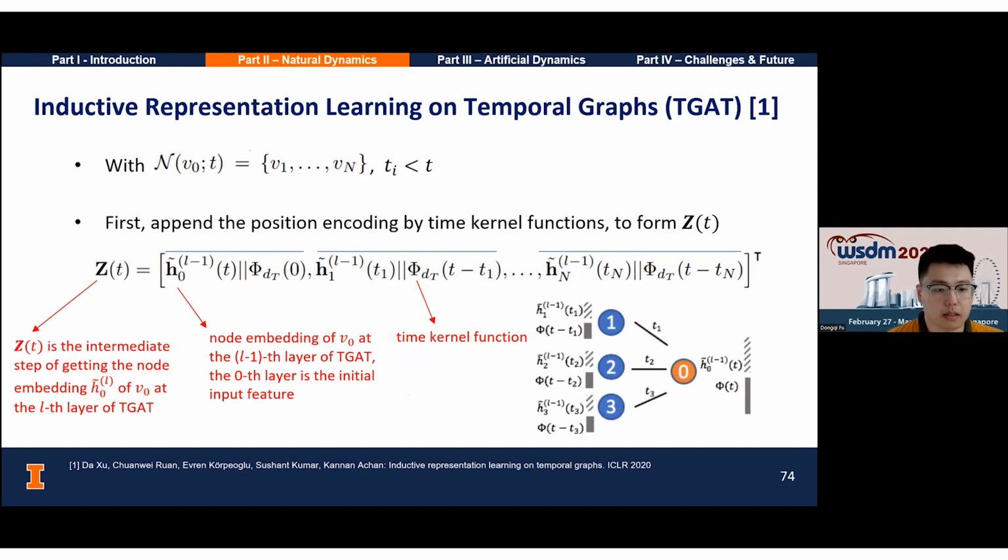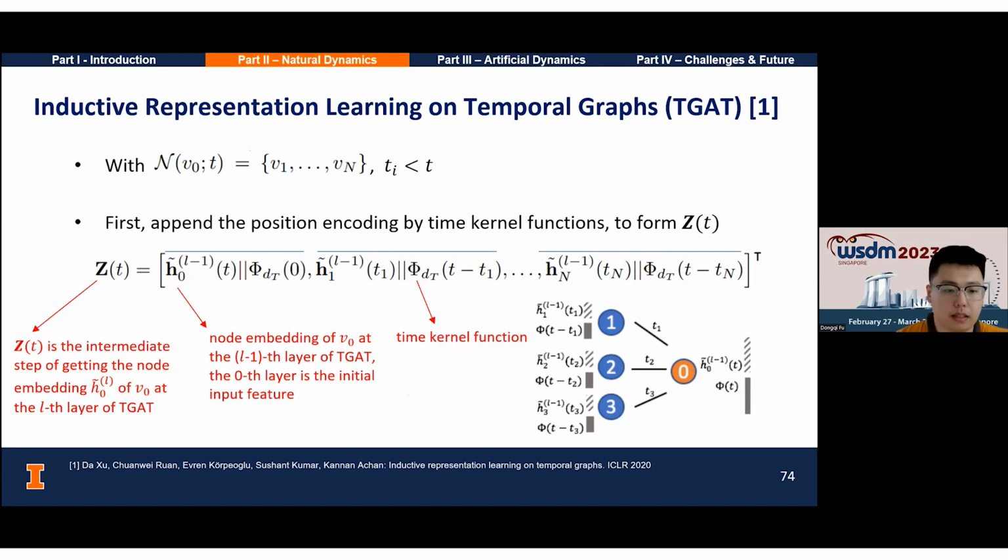To attend the spatial temporal neighbors, we need to prepare some warm up. First, to be specific, we need to form the Z(t). How do we form that? We can express it as follows. H0 of l-1 means the node embedding of v0 at the (l-1)th layer of TGAT, and the zeroth layer is the initial input feature. And phi of dt0 is the time kernel function, which maps the time 0 to a representation vector.